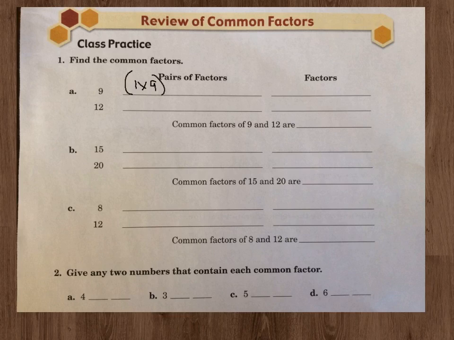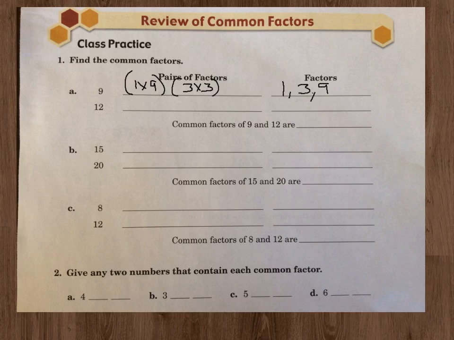And there's one more for 9, it'd be 3 times 3. So our factors for 9 would be 1, 3, 9.